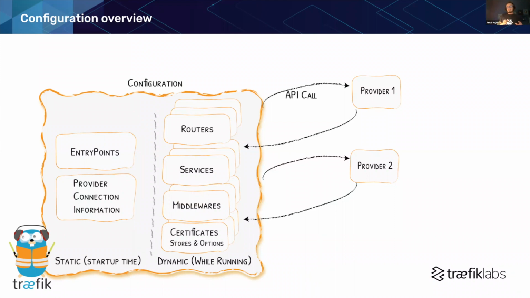What is on the left side is static, so once you change that configuration, you need to restart Traefik. Compared to that, the things on the right side are dynamic: all routers you create, all services, middlewares, and certificates, everything related to TLS termination is dynamic. That's a great solution because you don't have to restart Traefik, and everything will be done automatically.